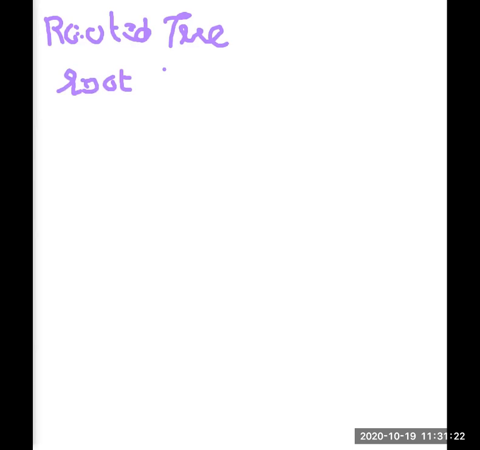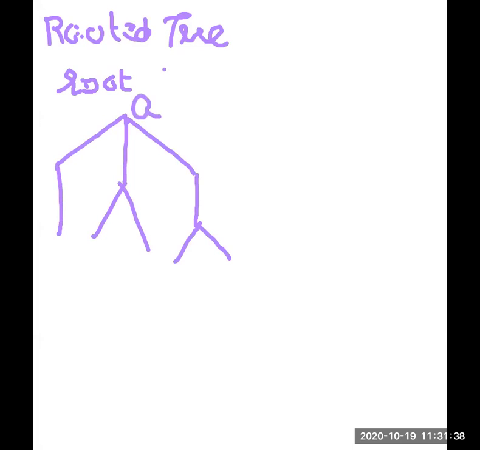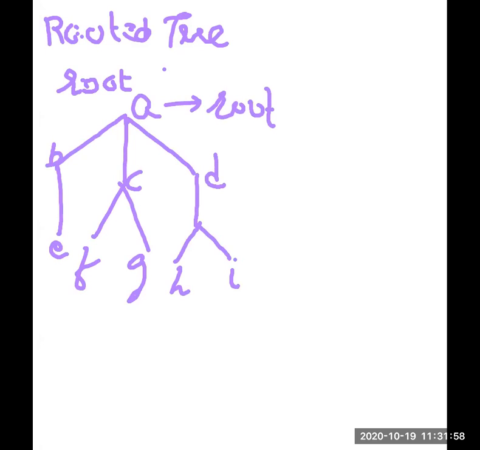So for example, I'll draw one tree here. Let's name it A, B, C, D, E, F, G, H. So this is a tree with root A. Let's draw one more tree.